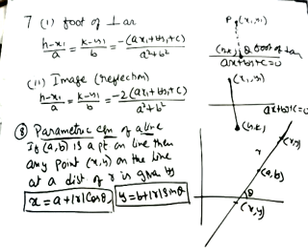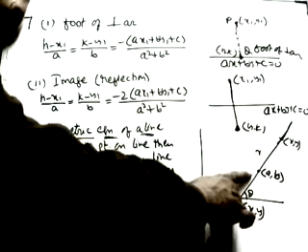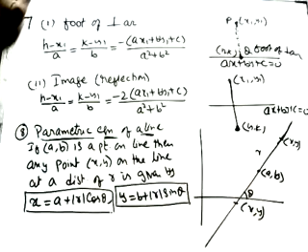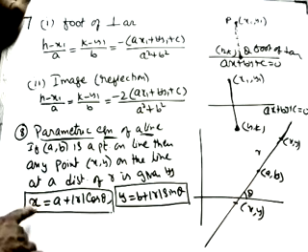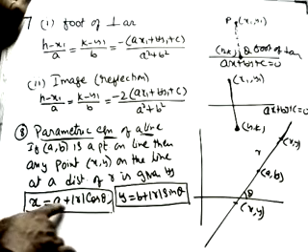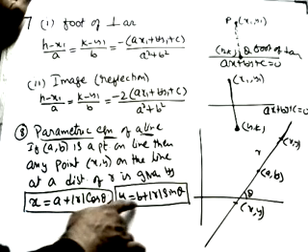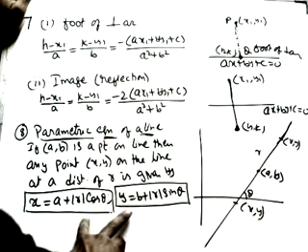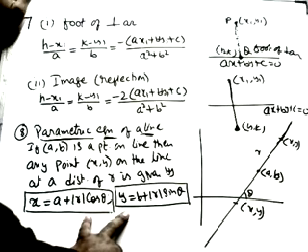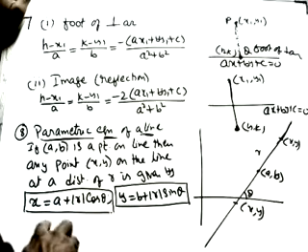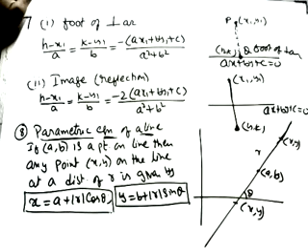So to find another point, when one point of the straight line is given and we have the angle or the slope, then we can use the formula x equals a plus mod r cos theta, y equals b plus mod r sin theta. This formula can be used to find any point on the line when another point is given and the slope is given.